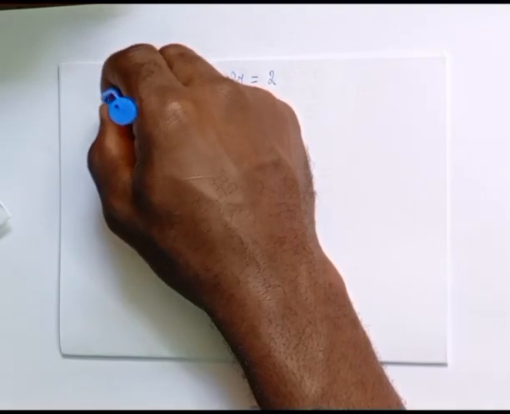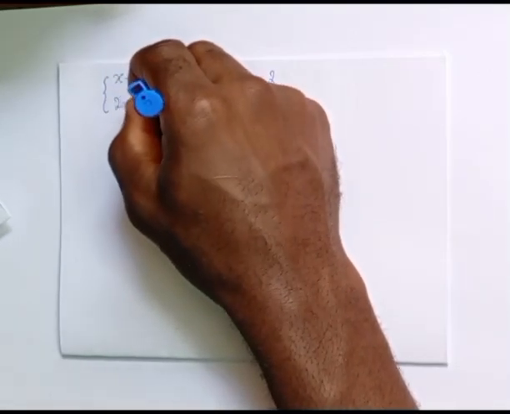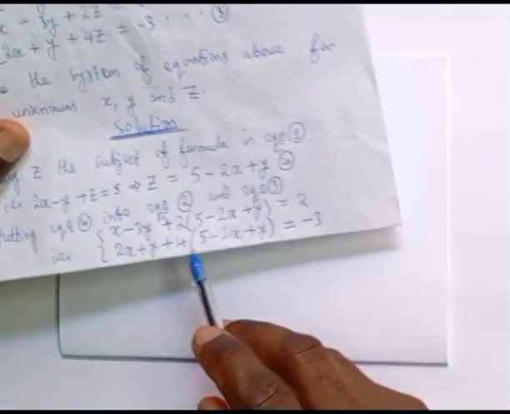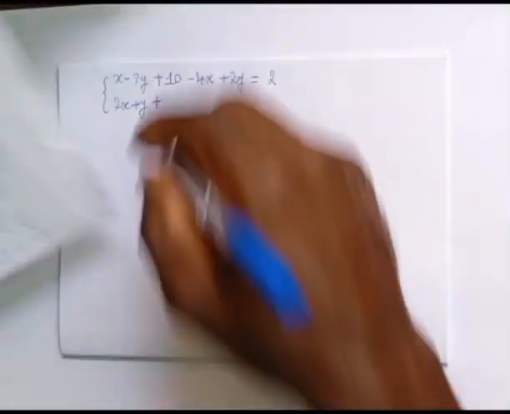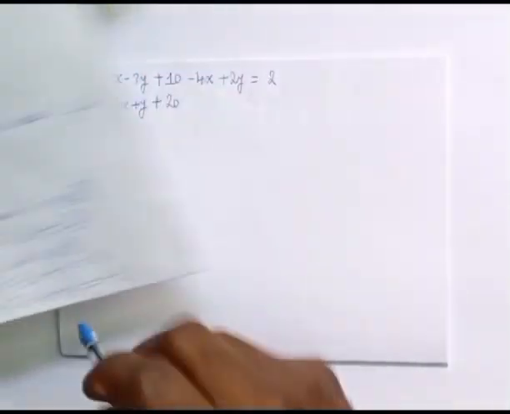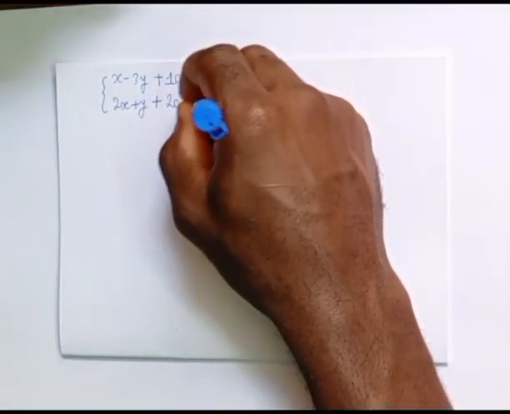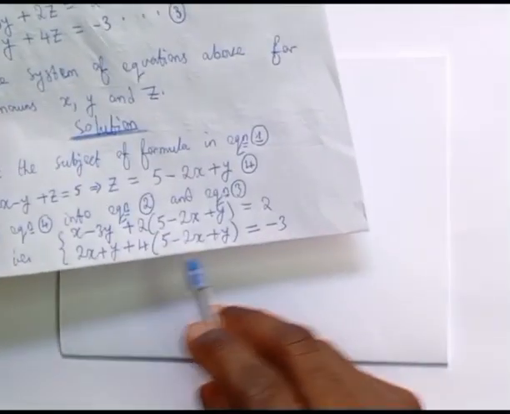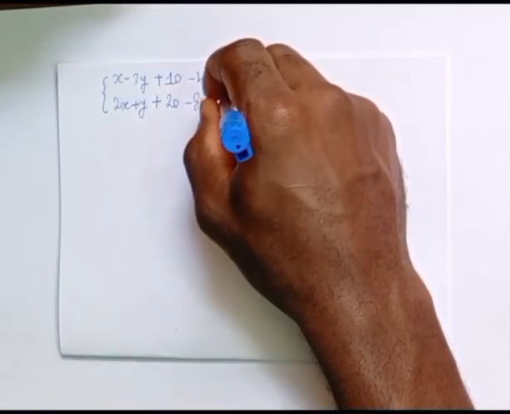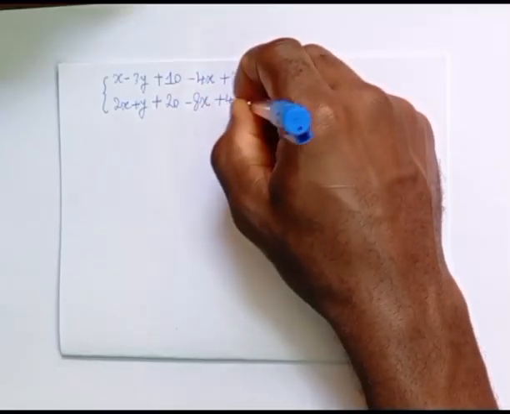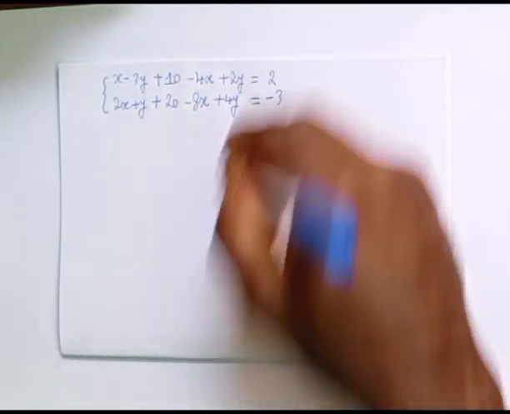Equation 3 becomes 2x plus y plus, we have to expand this bracket, 4 times 5 gives us 20. 4 times negative 2x gives us negative 8x. 4 times y plus 4y is equal to negative 3.